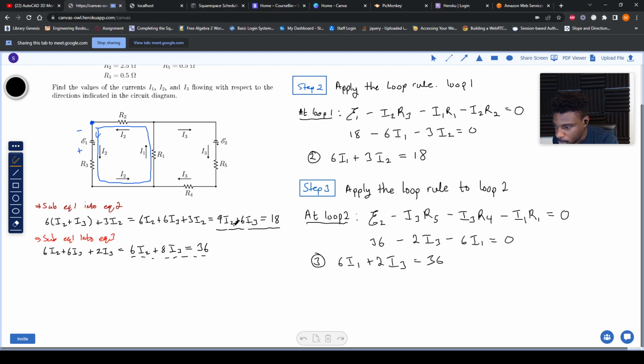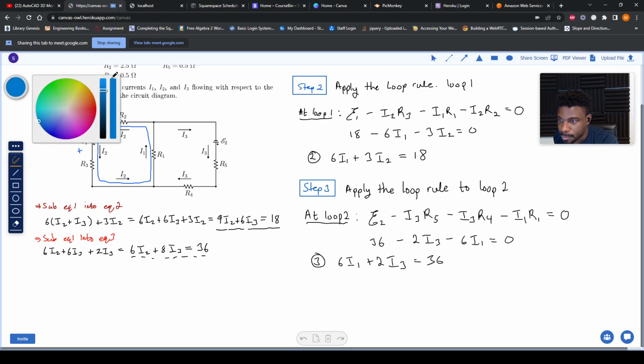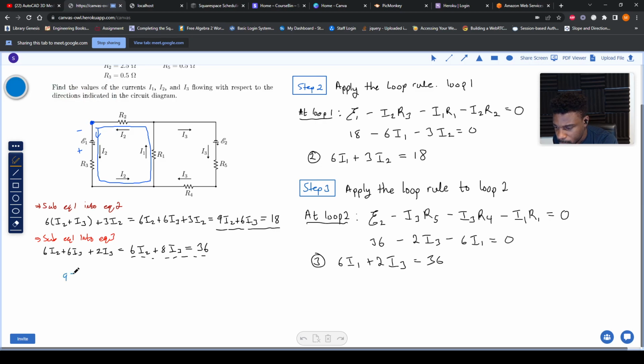Let's put this first equation up here. I'll write it in a different color. So we have 9I2 plus 6I3 is equal to 18. And then we have 6I2 plus 8I3 is equal to 36.